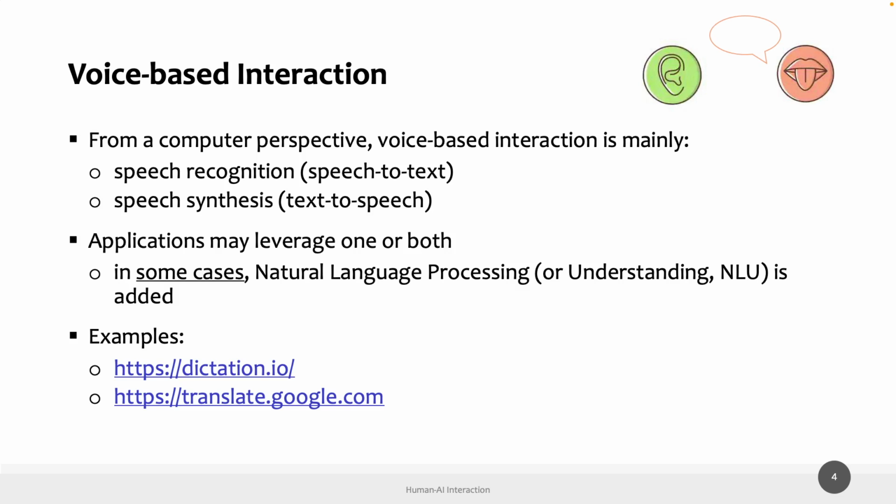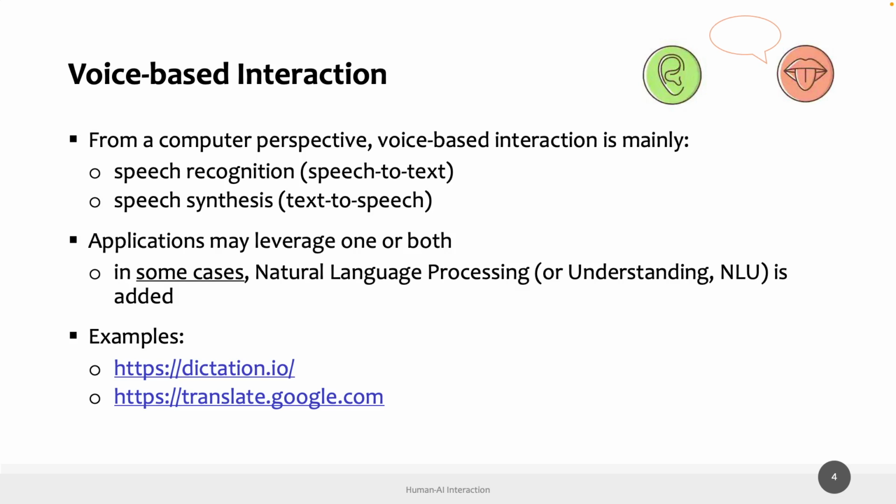So typically devices like Alexa operate in this way. They get your speech, they translate it to text, they elaborate the text, and then they use text-to-speech to answer you through speech synthesis. And so voice-based interaction may leverage both speech recognition and synthesis, or only one of them.